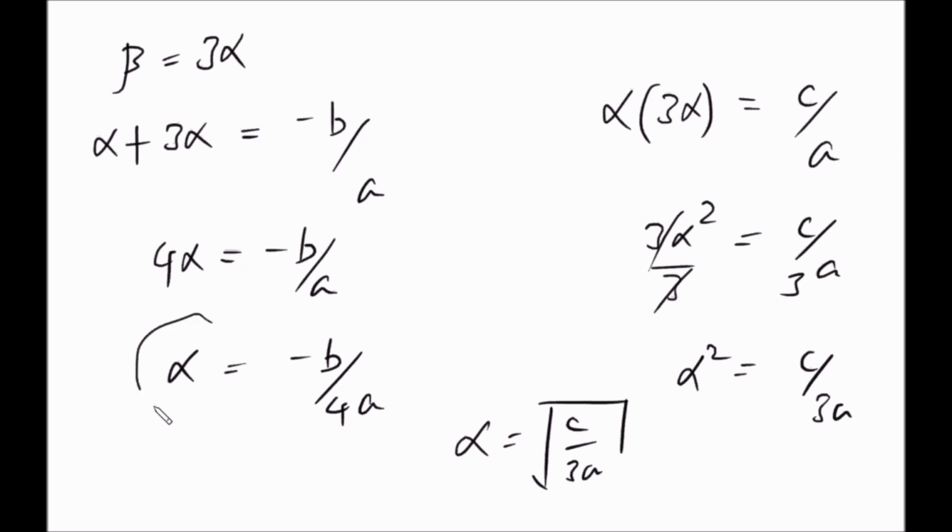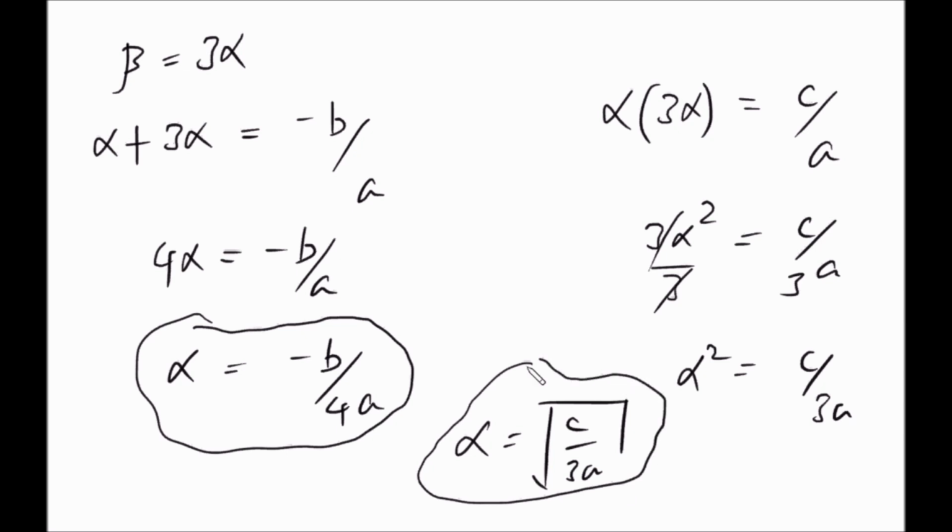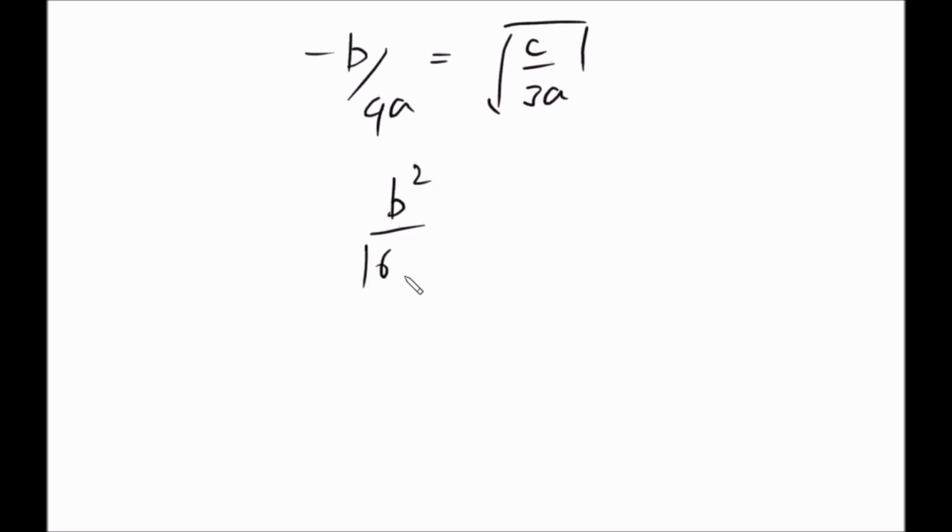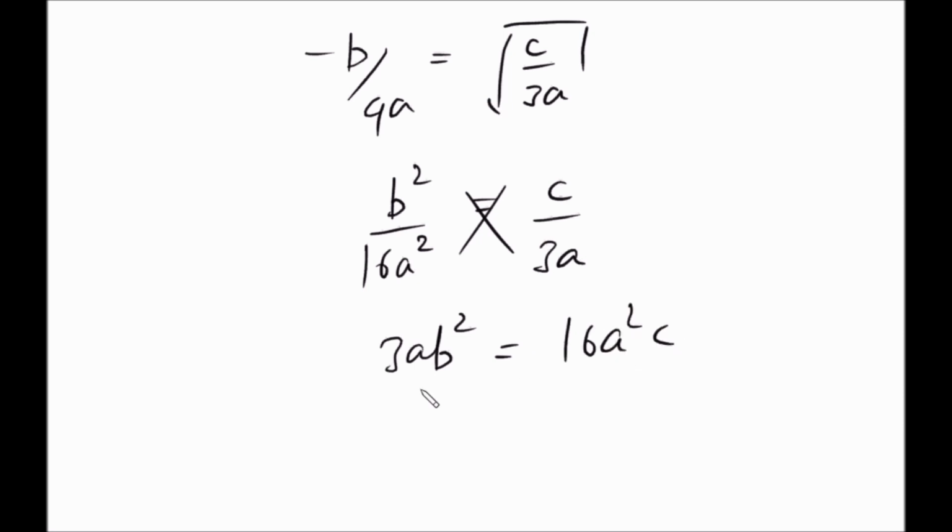So alpha equals negative b over 4a, and alpha equals the square root of c over 3a. So negative b over 4a equals the square root of c over 3a. Squaring both sides, we get b squared over 16a squared equals c over 3a. Cross and multiply now: 3ab squared equals 16a squared c.